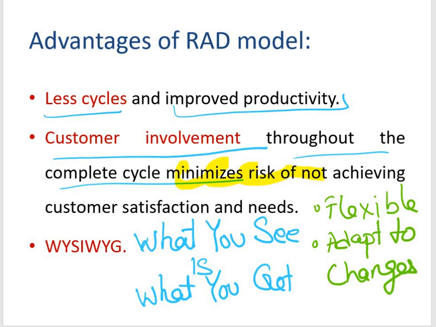And due to code generators and code reuse, there is reduction of manual coding as well. With fewer people, productivity can be increased, that too in a very short span of time.